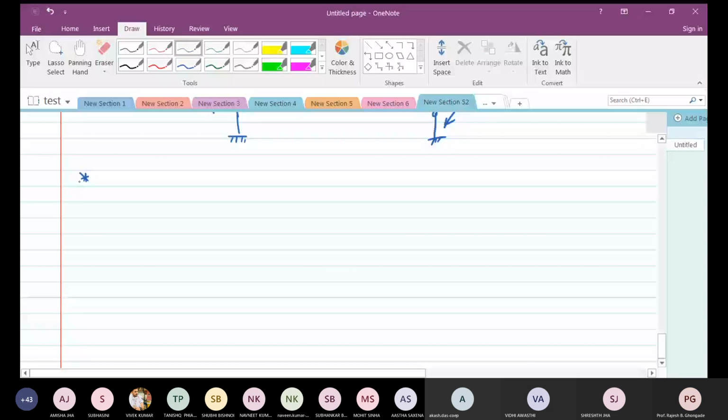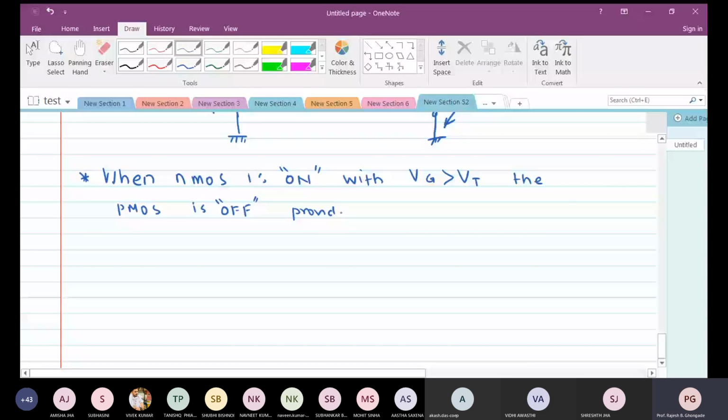When NMOS is on, with Vg greater than Vt, the P channel, the PMOS, is off, provided Vg minus V is greater than Vt.